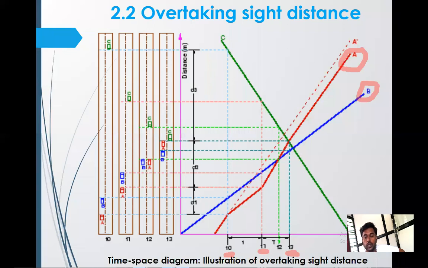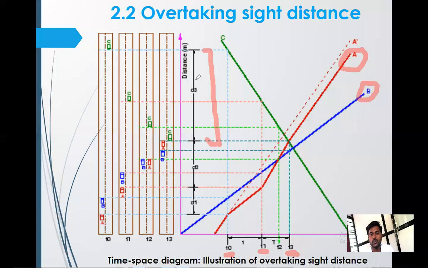Okay, but during this time, from t0 to t1 and from t1 to t3, vehicle C also travels some distance. That distance is taken as d3.